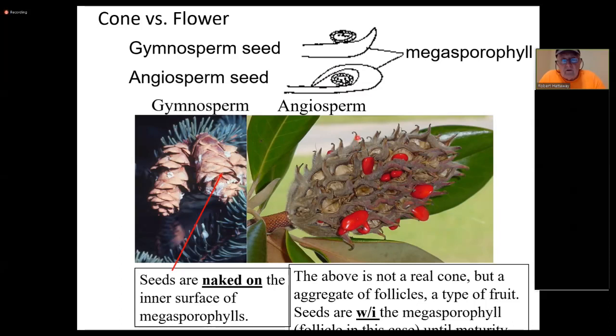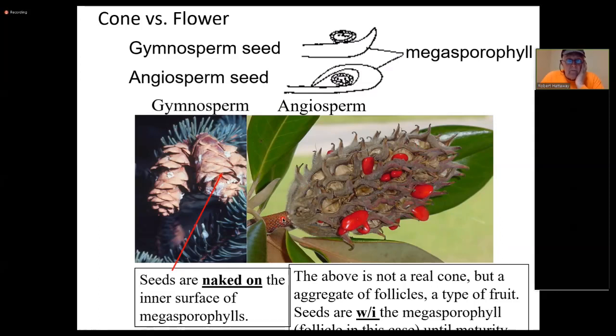In fact, what you're looking at here, this curlicue, is the tip of the stigma where the pollen landed, and it grew down through here and fertilized the egg inside. An aggregate is an agglomeration of lots of pistils fused together.